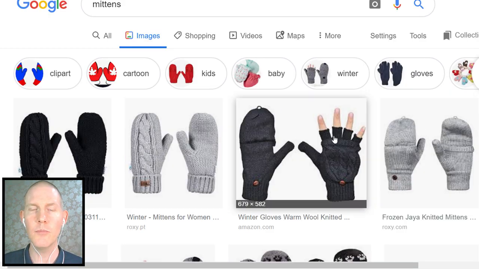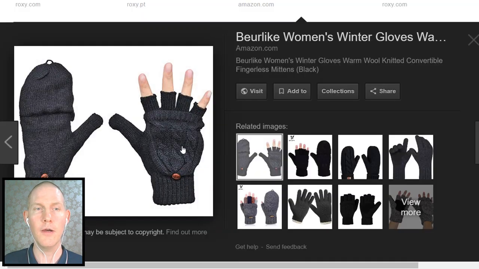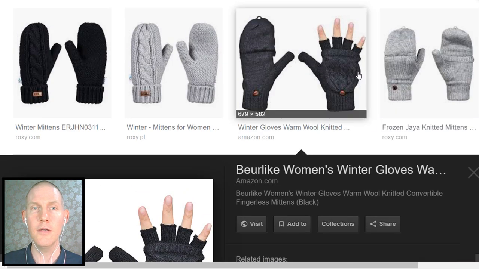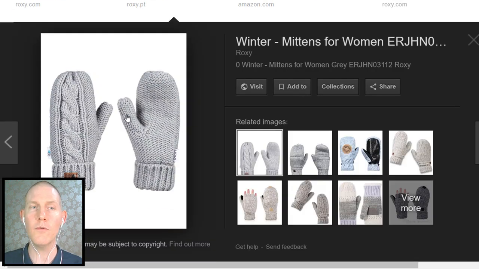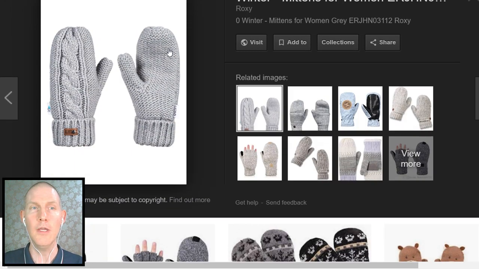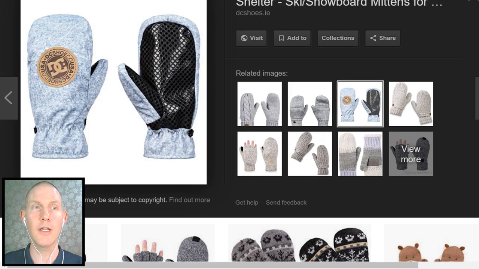Sometimes they have kind of a mix where it's a mitten and a glove inside, but these are just mittens. So there's a place for the thumb, but here your fingers stay together, so it's much warmer, right? So if it's really cold out, I usually prefer to wear mittens because your hands stay warmer. It's harder to grab things, right? You have to pull off your mitten to grab things sometimes, but much warmer for the longer term.